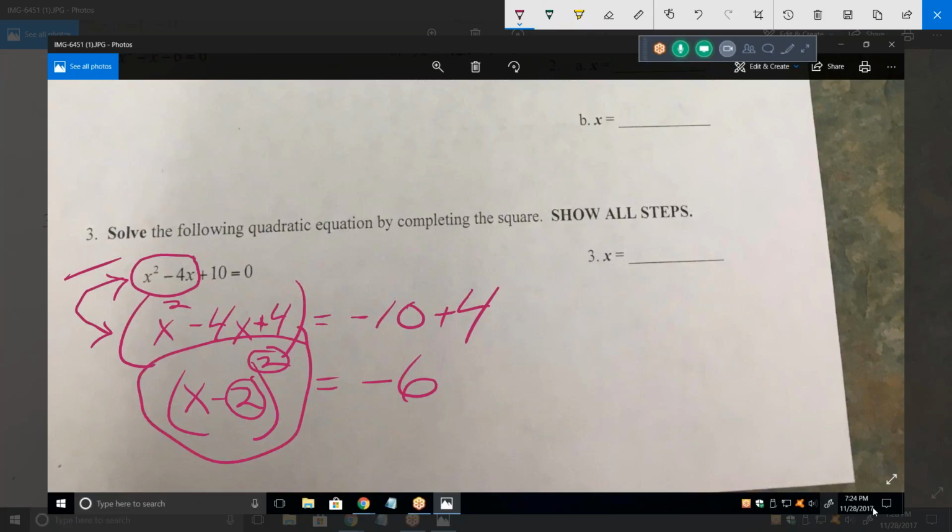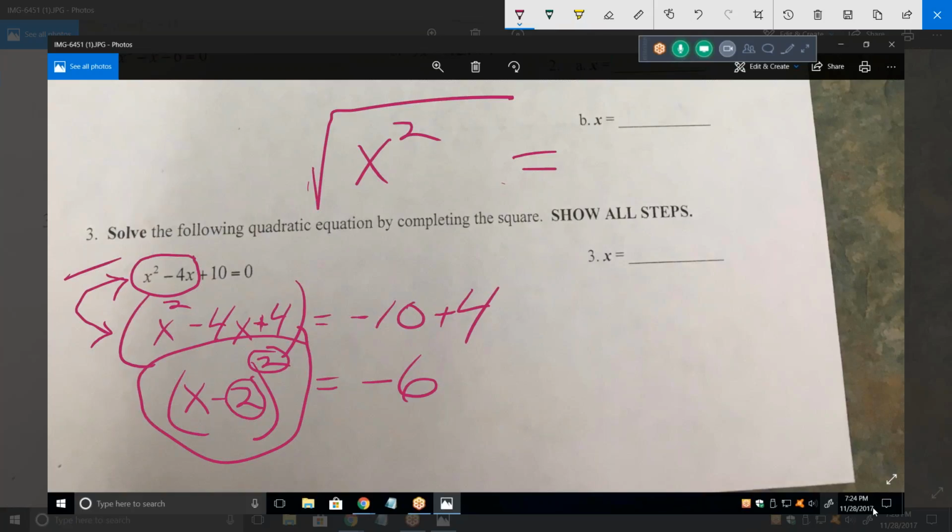What's the square root of that? 8. What's the square root of x squared? What's that equal to? Square root of x squared.